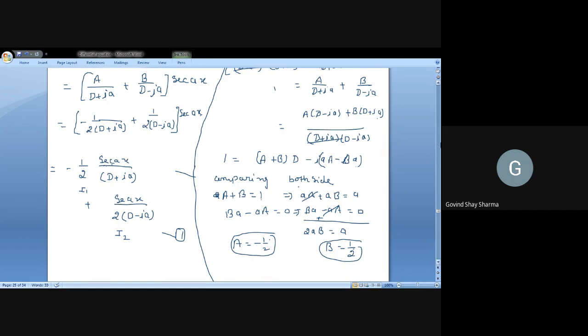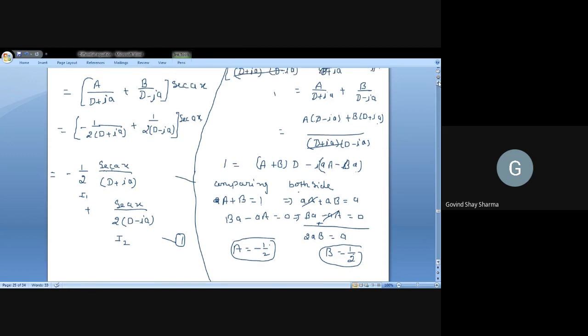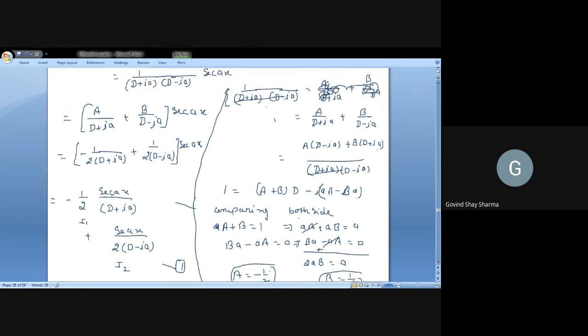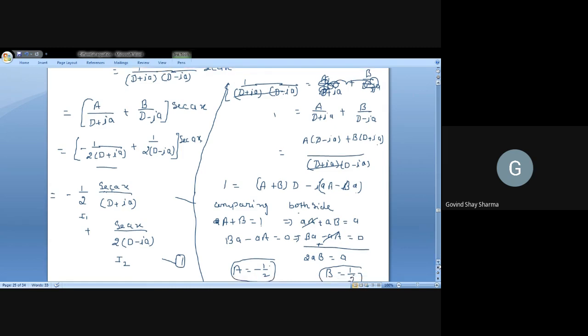Now we put the A and B values in our factors and it becomes minus half sec x upon D plus iota I plus 1 by 2 sec ax upon D minus iota I. So convert this into two parts, I1 and I2.